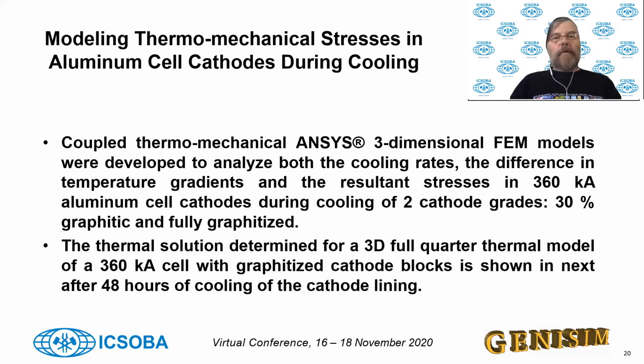The starting point is the operating temperature, and from that starting point we cut the power, and then in transient mode we let the structure cool down to the same ambient temperature that was present in operation, for a duration of 24 or 48 hours, and that's what I'm going to present here. And for 2 types of grade of carbon, 30% graphitic and 100% graphitized cathode block.